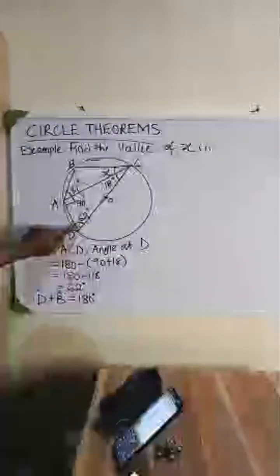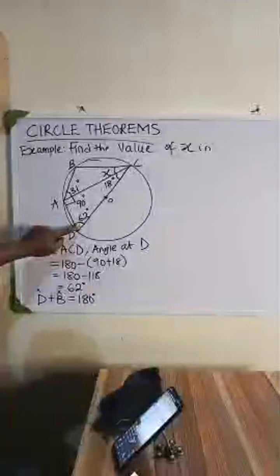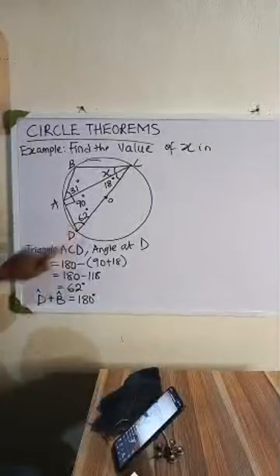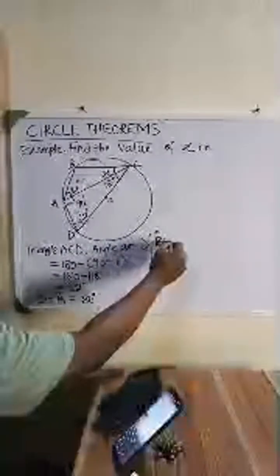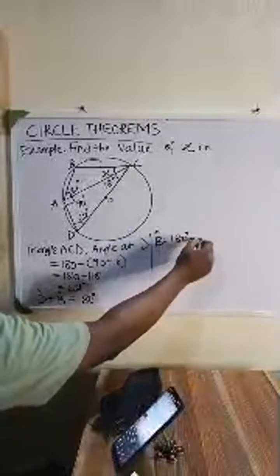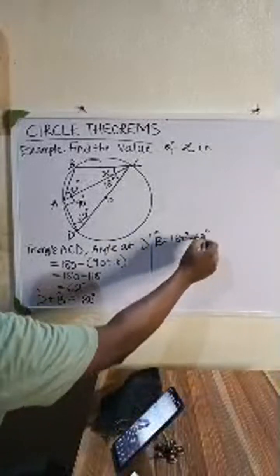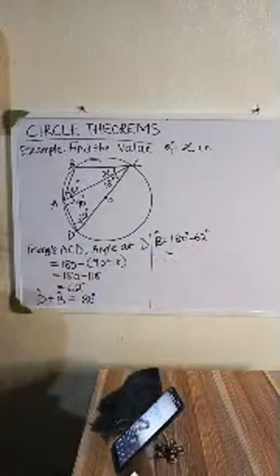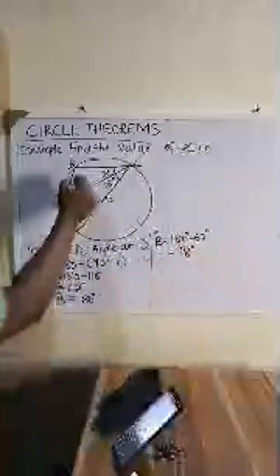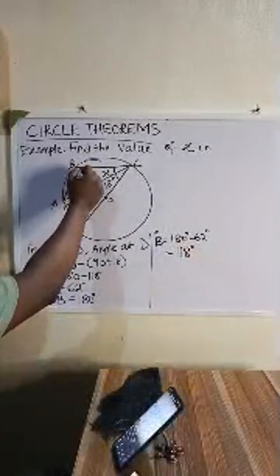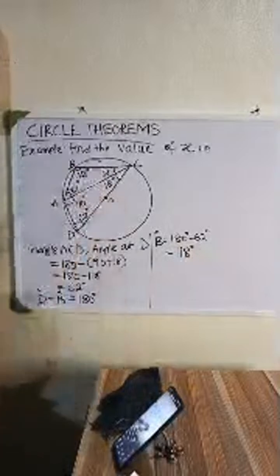And we know angle at D is equal to 62 degrees. That means B is equal to 180 degrees minus 62 degrees, which gives us 118 degrees. So this angle here is 118 degrees.